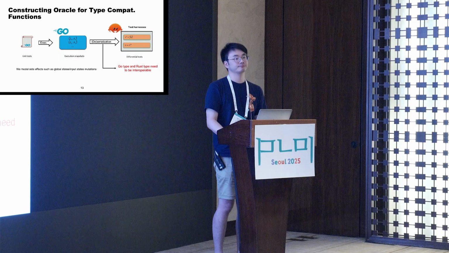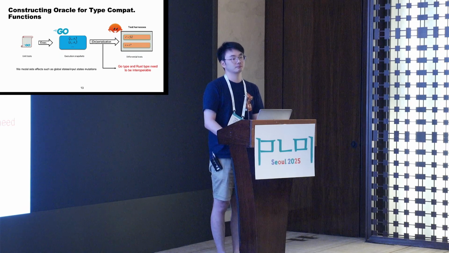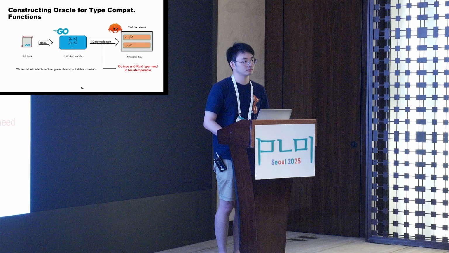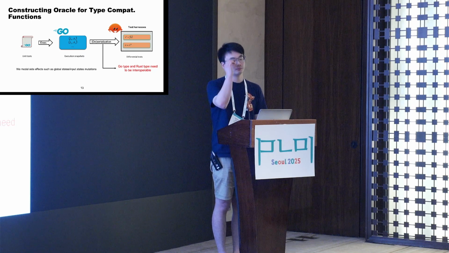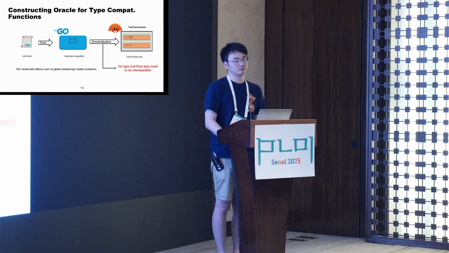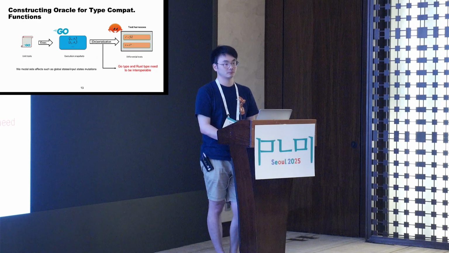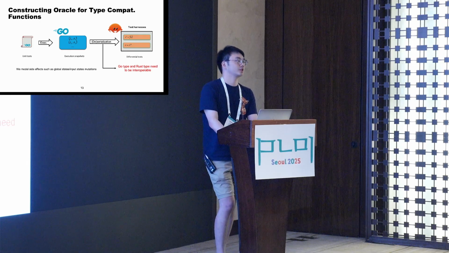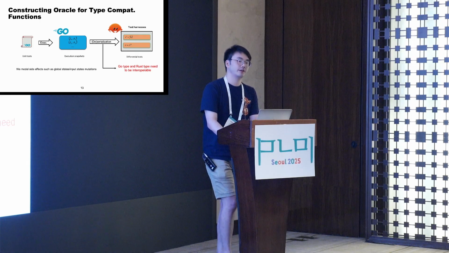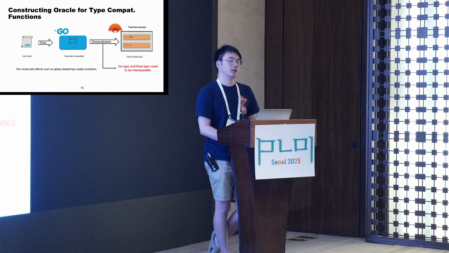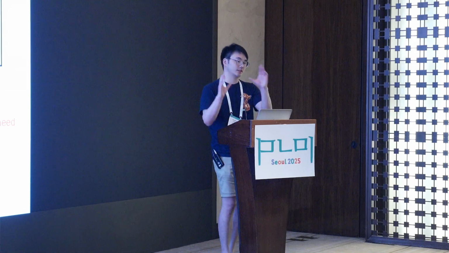Okay, so I want to argue that relying on unit tests as the ground truth is both expensive and limited. Any idea on how to fix it? Yeah, thanks for the question. We have tried fuzzing as well. We can construct fuzzing tests on the Rust side.